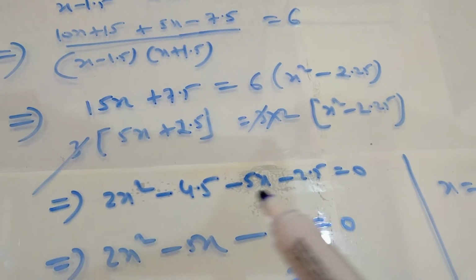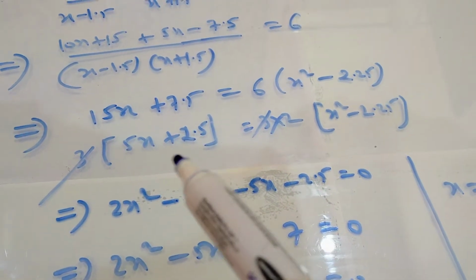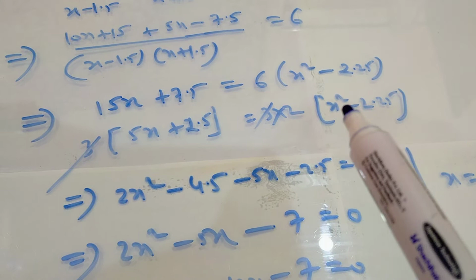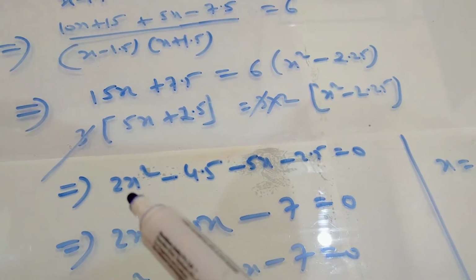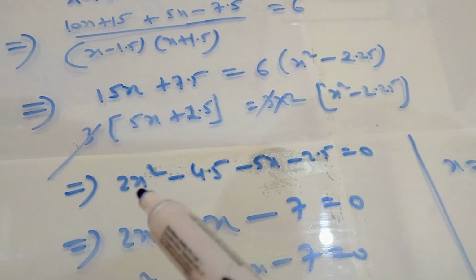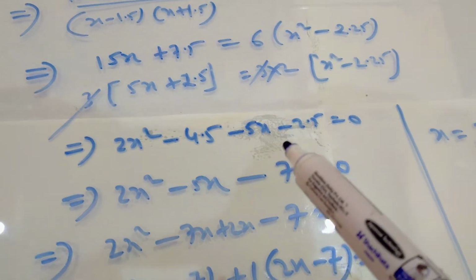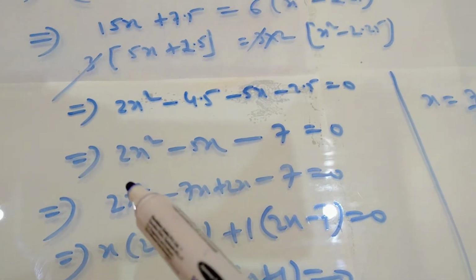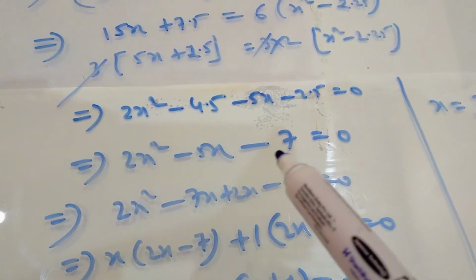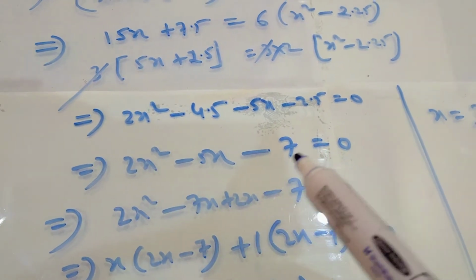After shifting this portion to the right side, because x square is positive here, we are getting 2x square minus 4.5 minus 5x minus 2.5 equal to 0. Finally it is 2x square minus 5x minus 7, it has come the quadratic equation.